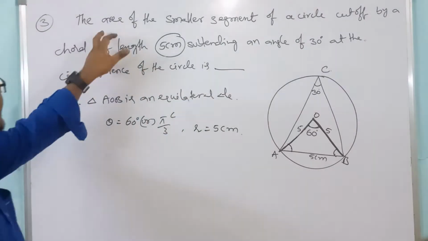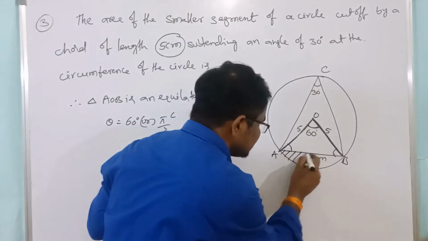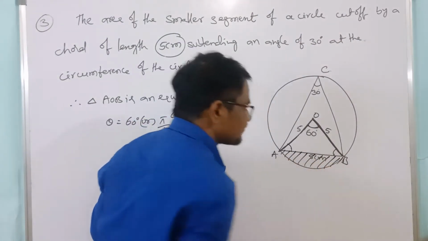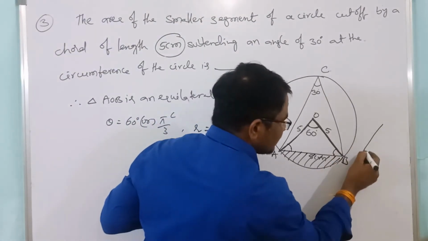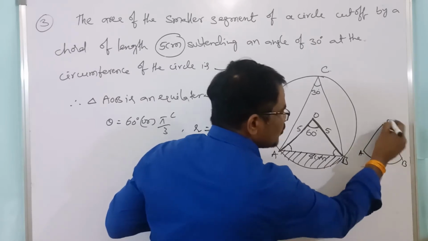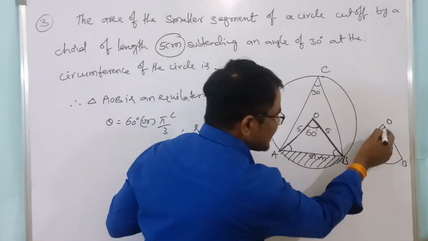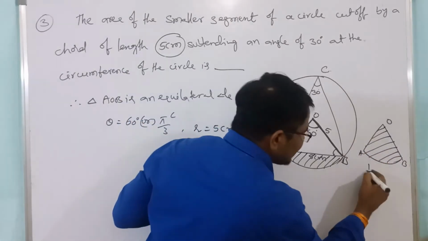Then what they are asking is the area of this smaller segment of the circle, means this area. How to find this area? Once you observe, this is ABO, the area of the sector, right? How to find the area of the sector?